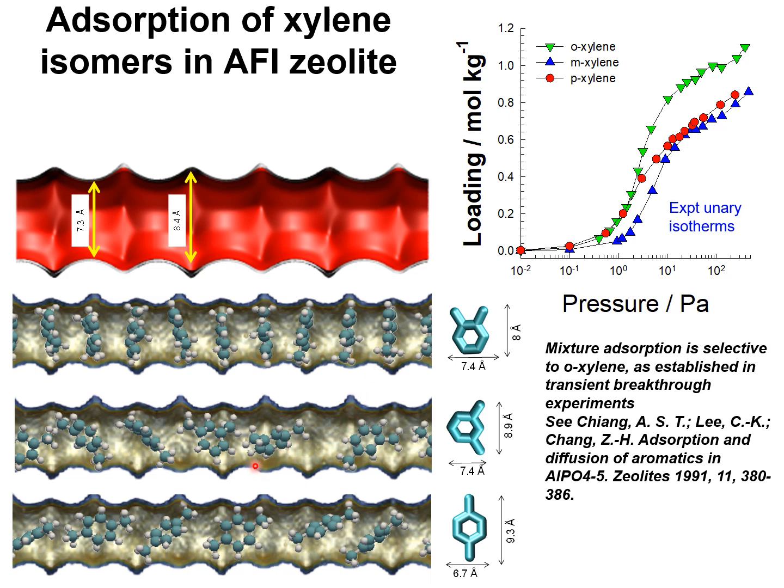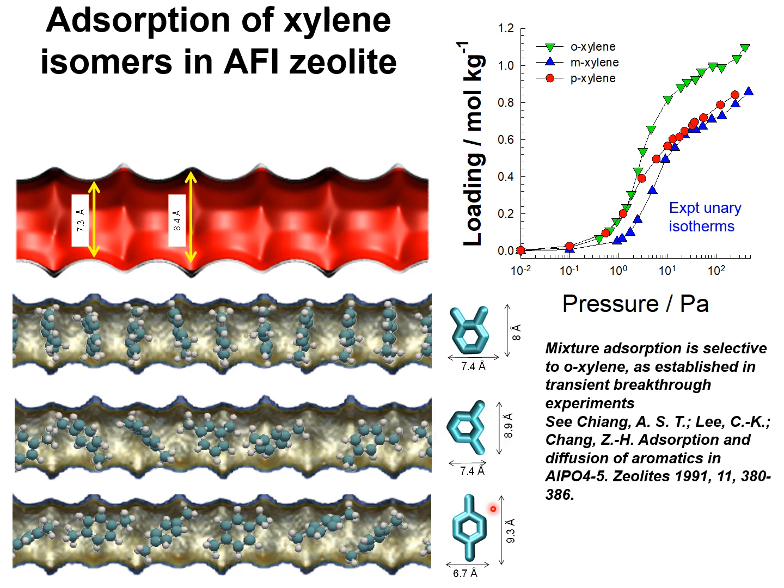And if we examine the computational snapshots of orthoxylene, metaxylene, and paraxylene, we note that orthoxylene is a compact structure that allows the orthoxylene molecules to nicely fit into the grooves that have a peak-to-peak distance of 8.4 angstrom.